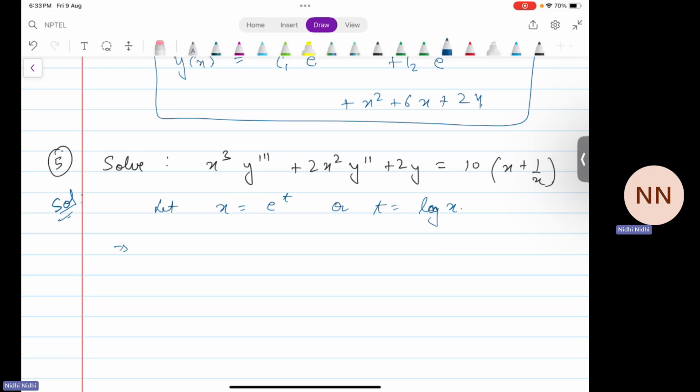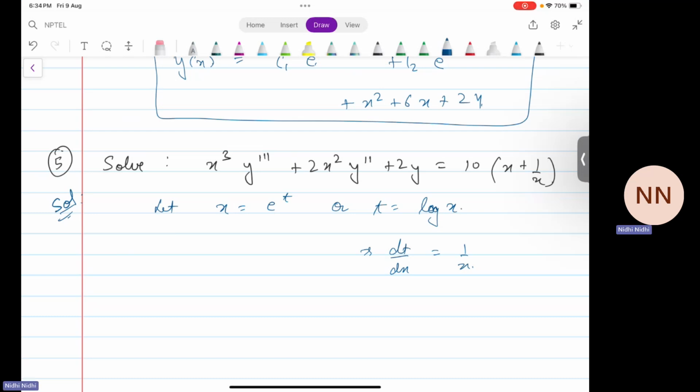Now this implies dt by dx is equal to 1 by x. Now we'll try to convert our problem, which was in x and y, to a problem in t and y.